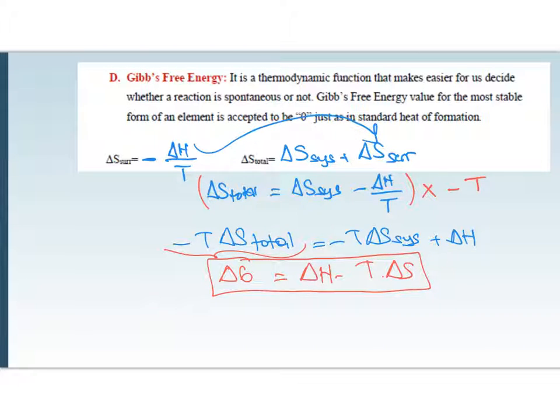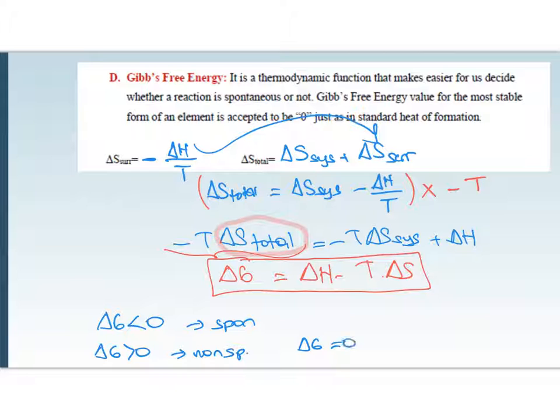Now remember, when delta S total was higher than 0, then you have a spontaneous reaction. But in this case, since there's a minus here, when delta G is smaller than 0, it's going to be spontaneous. When delta G is higher than 0, it's going to be non-spontaneous. If delta G is equal to 0, it is going to be again at equilibrium.